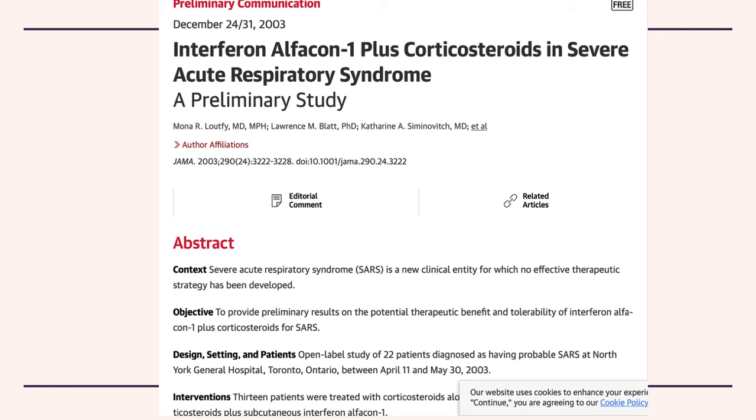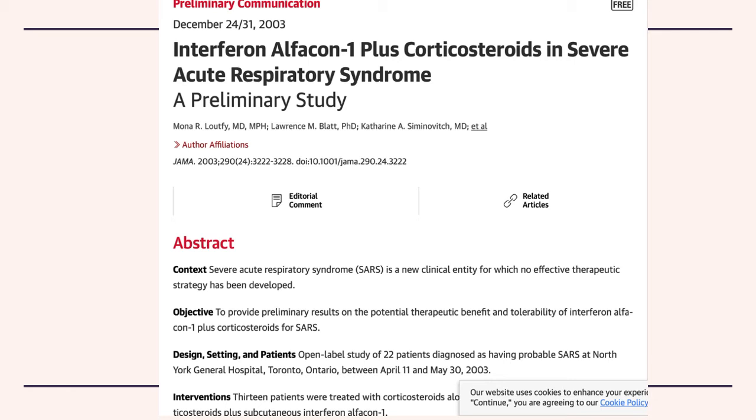Now, when we look at the evidence for using interferon in the treatment of COVID-19 patients, we will find a lot of studies just recently started and registered on clinicaltrials.gov. But as previous evidence, there are mainly 2 studies.